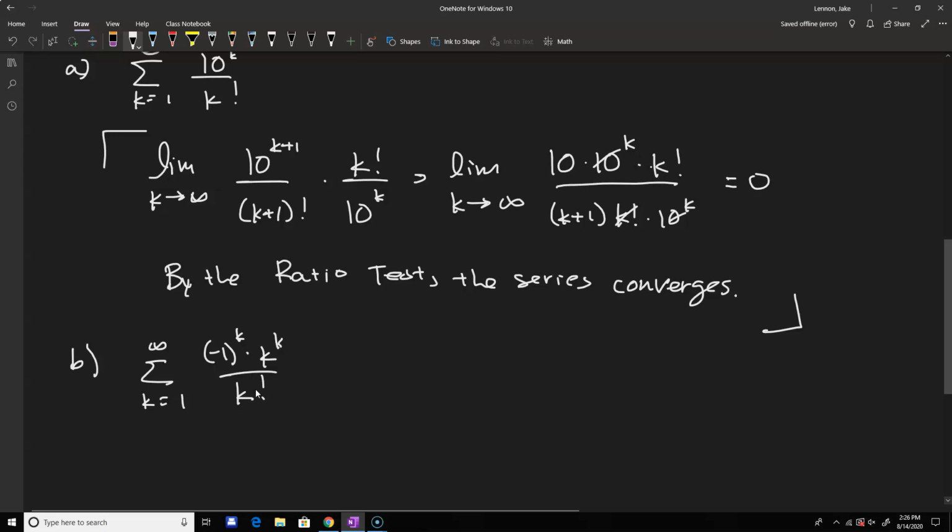So quite a confusing looking series. Again, remember the ratio test, we're taking the limit of the absolute value, so we can pretty much ignore that (-1) to the k. The absolute value of that's just always going to go away.